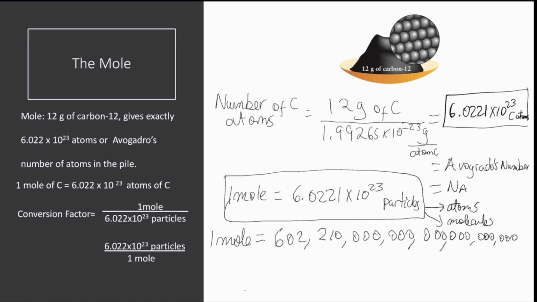Okay, so we also need to define a conversion factor that helps us to get from 1 mole to particles, and from particles to moles. So for every 1 mole we have 6.0221 times 10 to the 23rd particles.